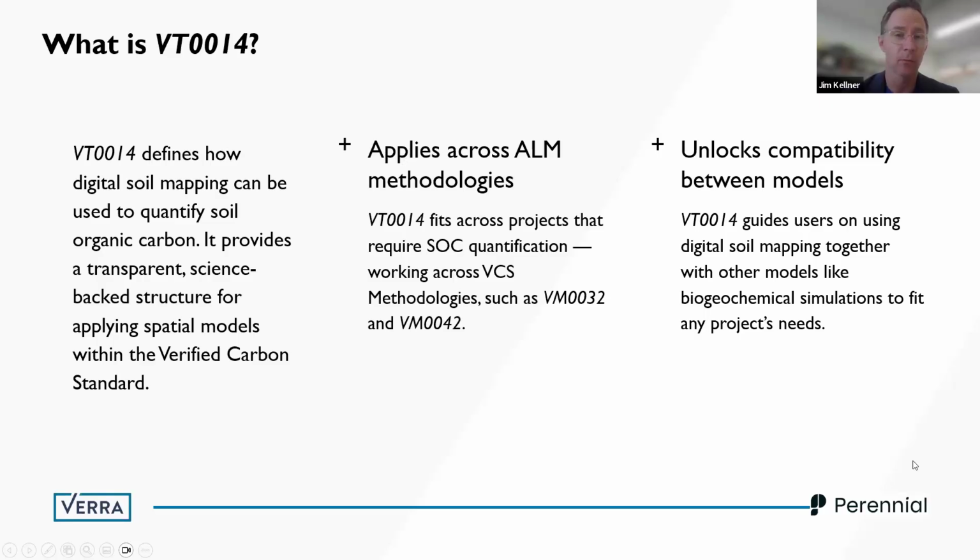Digital soil mapping can work in place of physical soil samples. A good rule of thumb is that any place where you can imagine using physical soil samples to get a direct measurement of soil organic carbon, VT14 can provide an estimate of soil organic carbon stock that is like that and can be used in place of that.